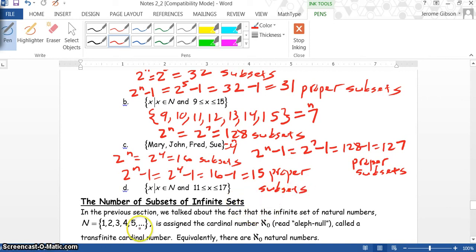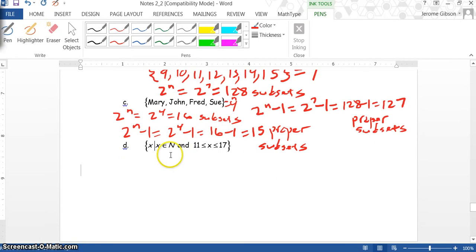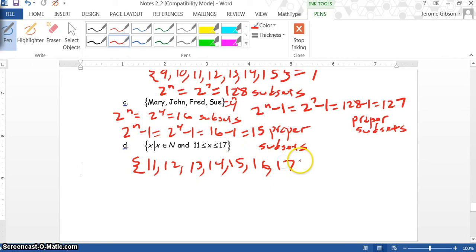Okay, now we come to D. Now we have our natural numbers, and we have x is greater than or equal to 11 and x is less than or equal to 17. So let's write this in the roster method. We have 11, 12, 13, 14, 15, 16, 17. Now if we count how many elements we have here, we have 7 elements. So we know our n is 7.